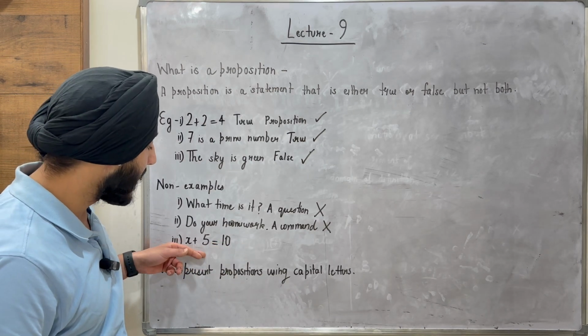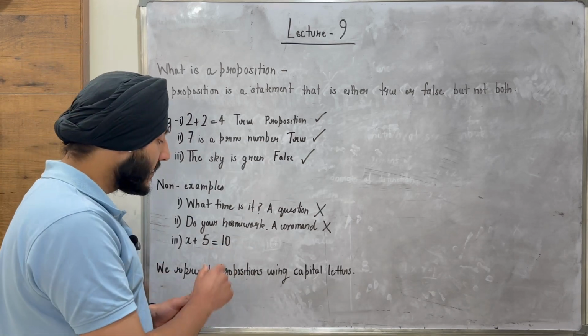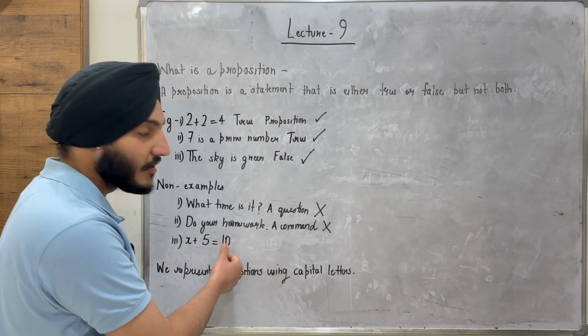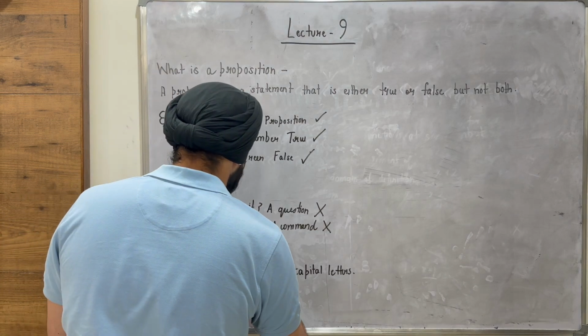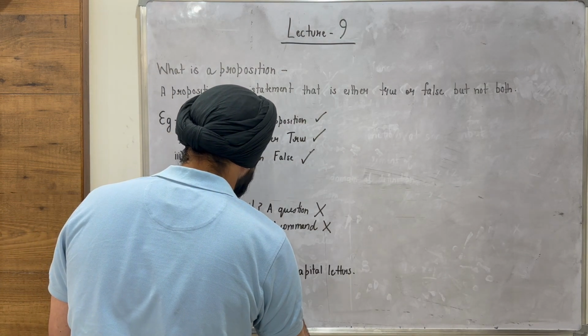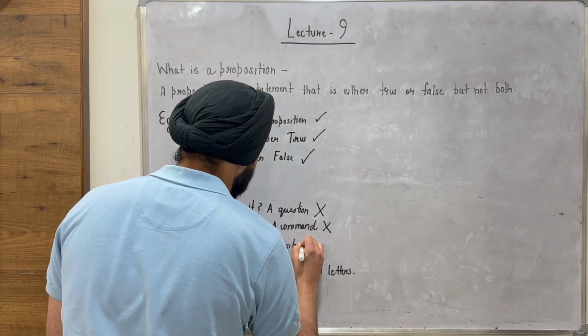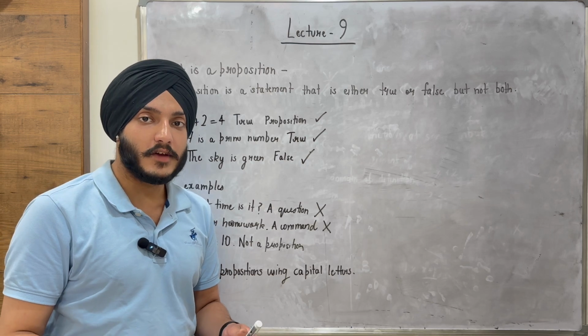And if x is 5, in that case the statement would be true. So only in the condition that I have the value for x will I be able to figure out whether this is true or false. But in general, this is not a proposition, right?